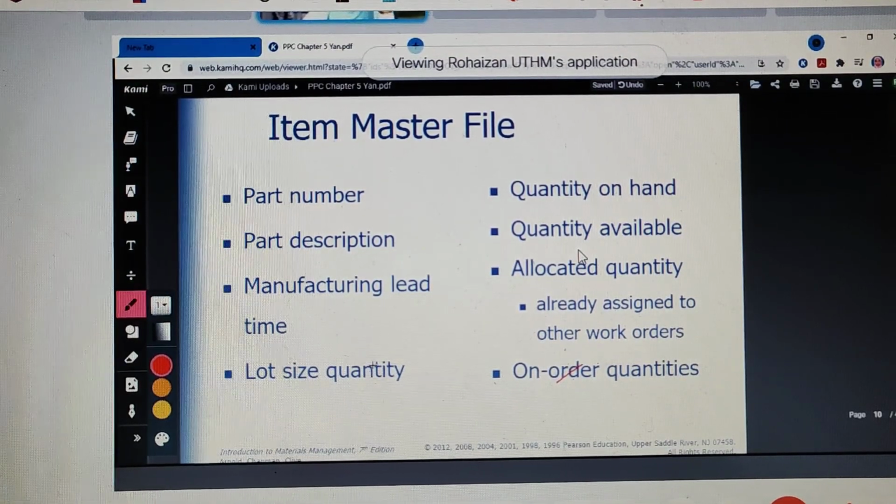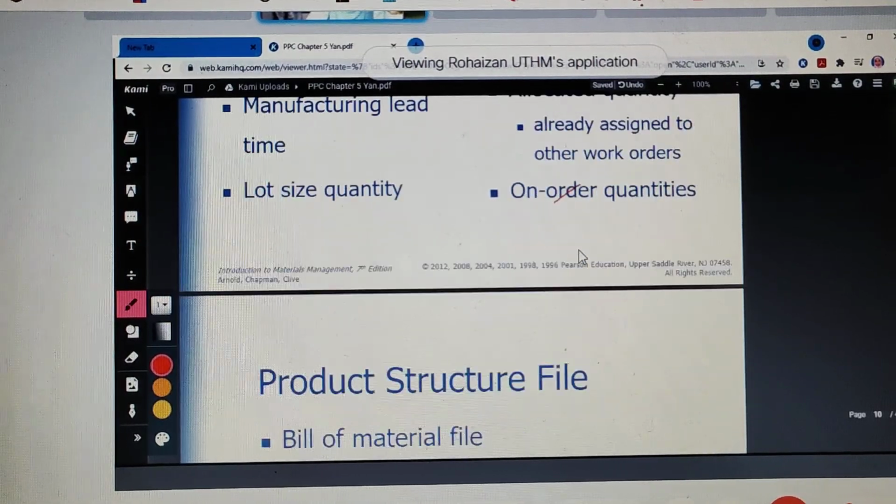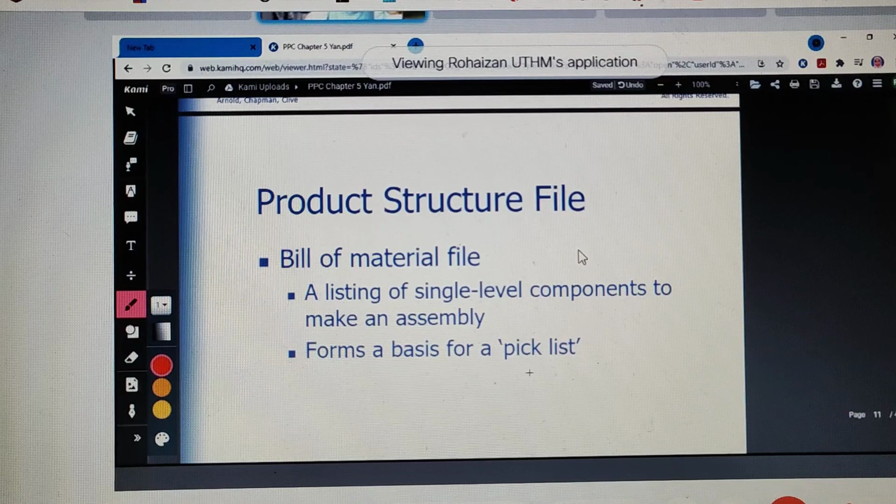And then our planned order release, planned order receipt. So where did we get all those things? First, from our bill of material. So we can see the components, and the whole product. So we know which one is the parent, which one is the child, and so on.